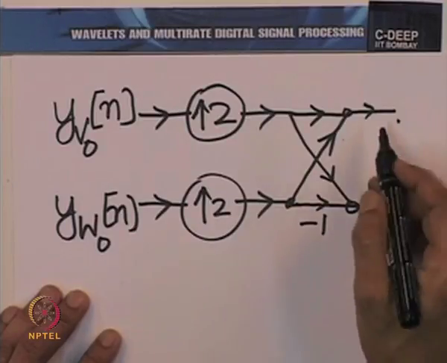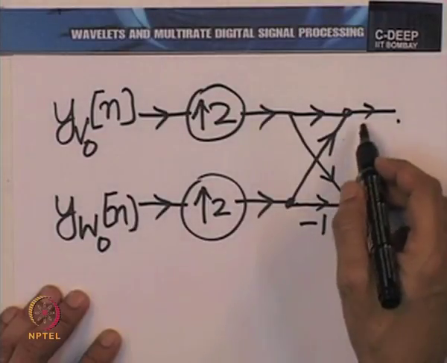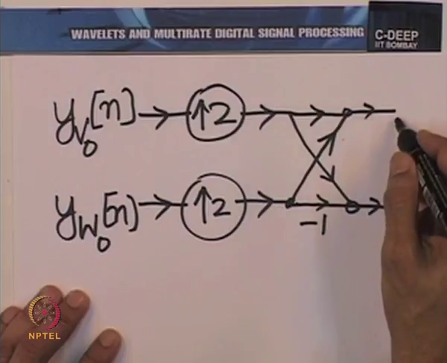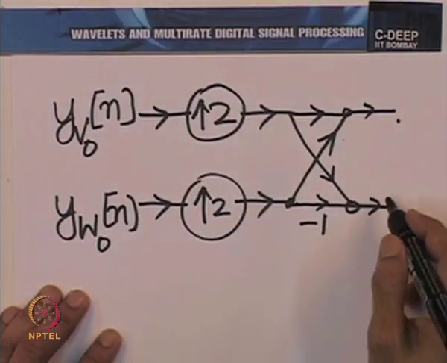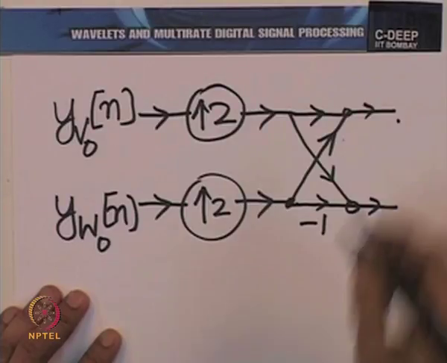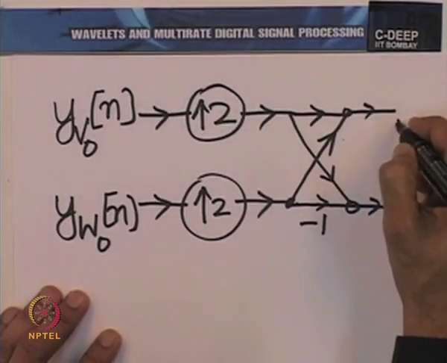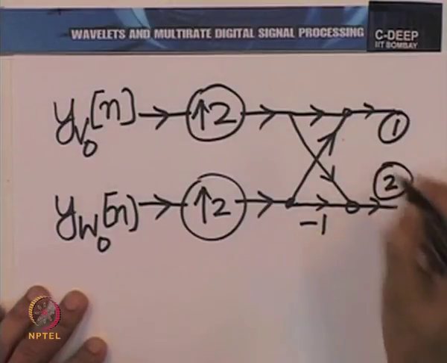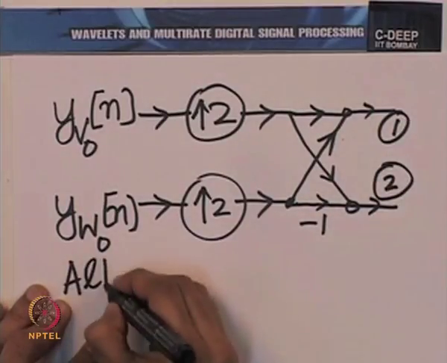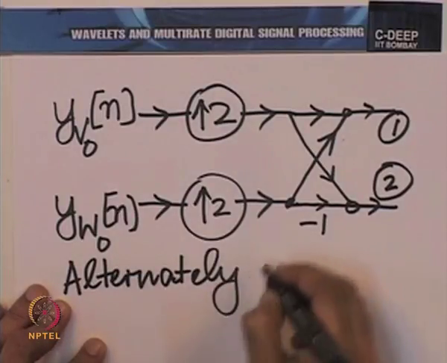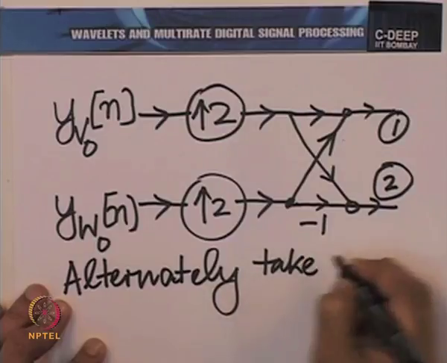We are saying essentially take the sum branch at the 2nth point and the difference branch at the 2n plus 1th point. So, let us write that down. Let us call this the point 1 and the point 2. Alternately take one and 2.